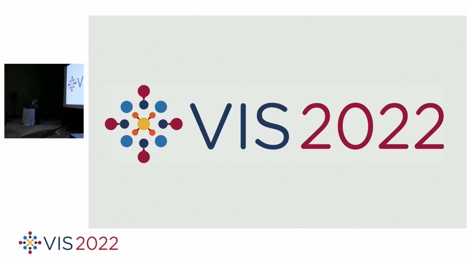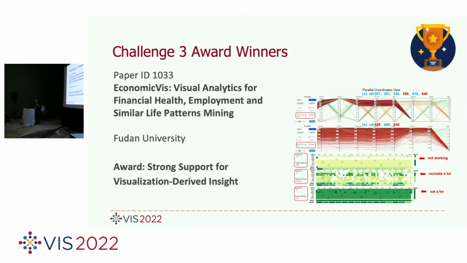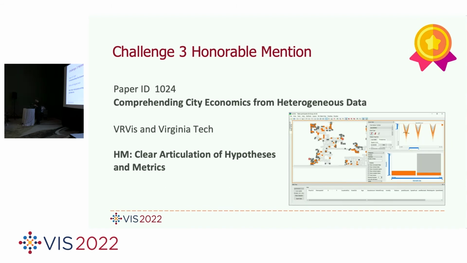Okay, so we've had a series of virtual presentations today, and I'm really excited for the last talk where we have our in-person presenter, which is wonderful. So we have an honorable mention for Challenge 3 from a team at VRViz and Virginia Tech for their submission 1024 about comprehending city economics from heterogeneous data.